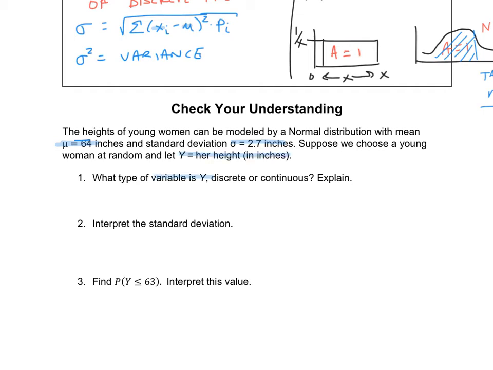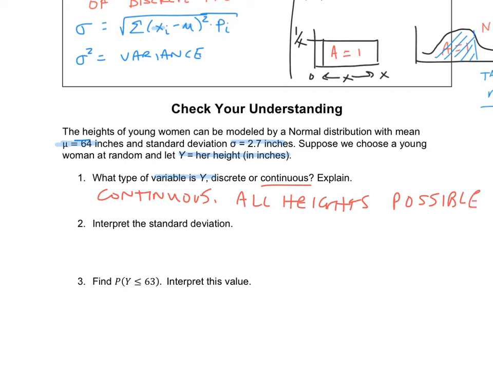So what type of variable is y, discrete or continuous? Kind of as we talked about before, this is going to be a continuous variable because all heights are possible. Whereas you can't have half a sibling, right? So interpret the standard deviation of the heights.